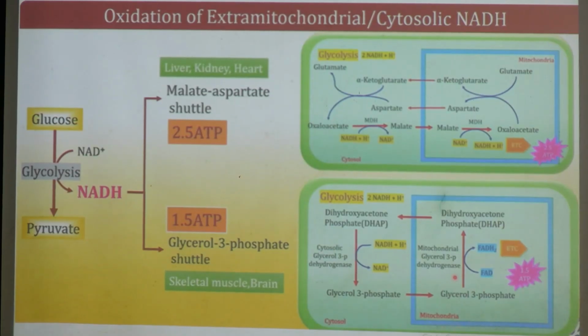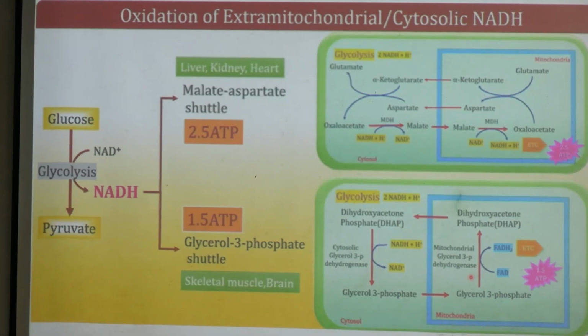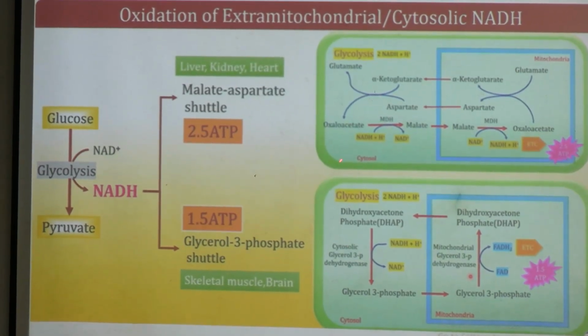In case of malate aspartate shuttle, the oxaloacetate, which is present in the cytosol, is converted into malate with the help of cytosolic malate dehydrogenase.